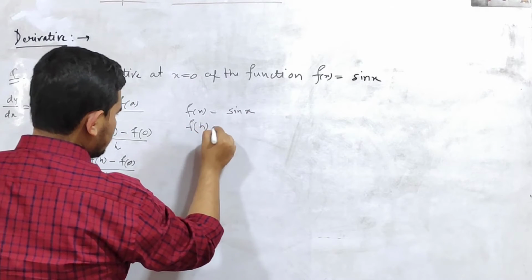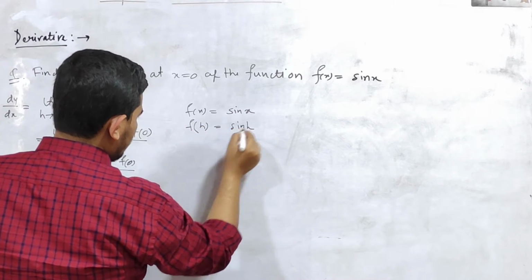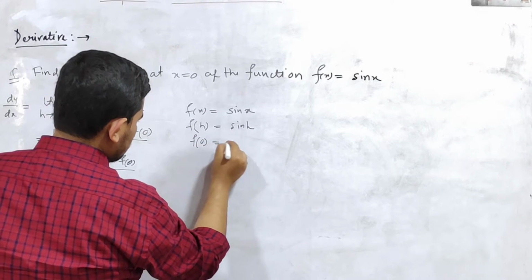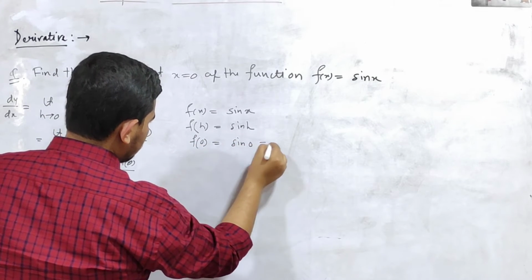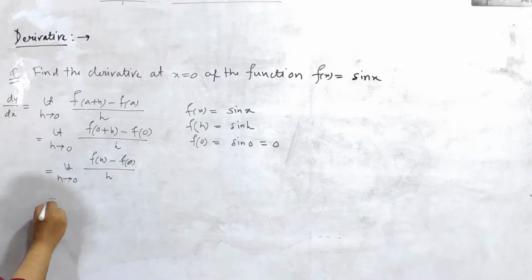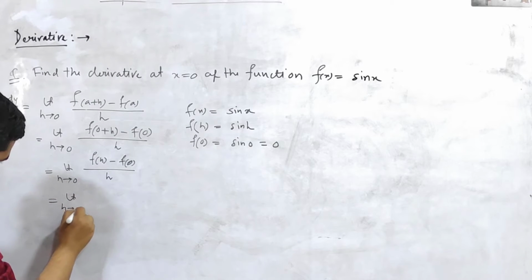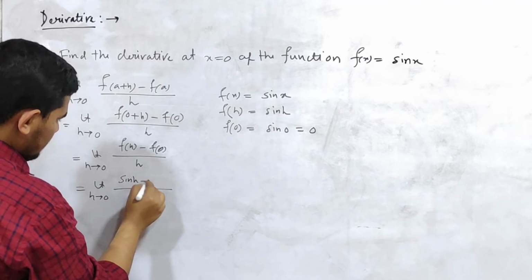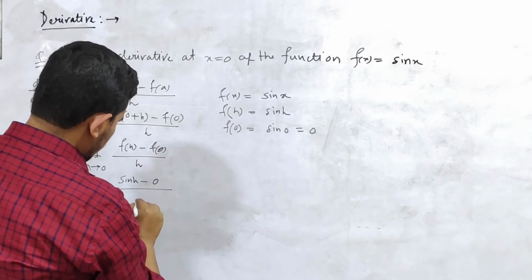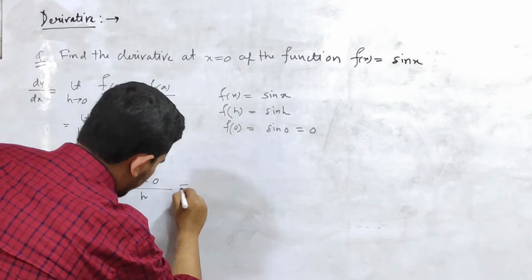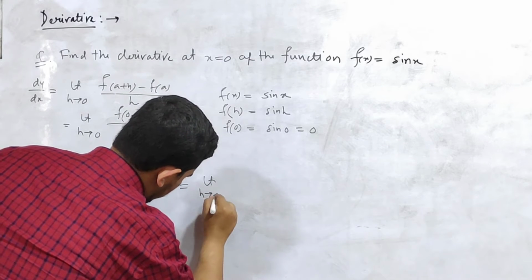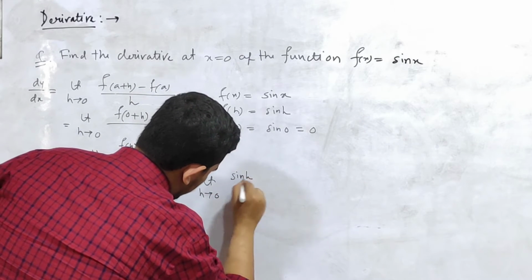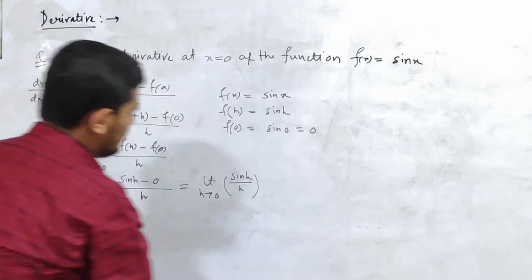So f of h will also be sin h, and f of 0, which is sin of 0, will be 0. So I can write limit h tends to 0, f of h, which is sin h, minus f of 0, which is 0, divided by h. Now this is sin h by h.